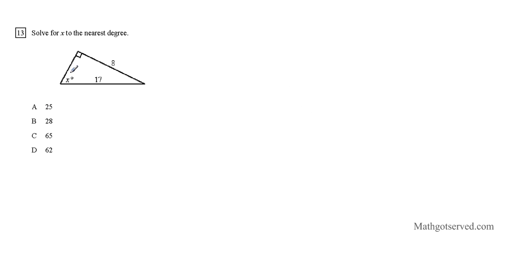On 13, you're asked to solve for x. This is a right triangle trig problem. So this is the angle. That means the side right here is your opposite. And opposite the 90-degree angle is your hypotenuse. Adjacent doesn't count here. So we're going to use sine x equals opposite over hypotenuse, 8 over 17. To get x by itself, you take the inverse sine of both sides.